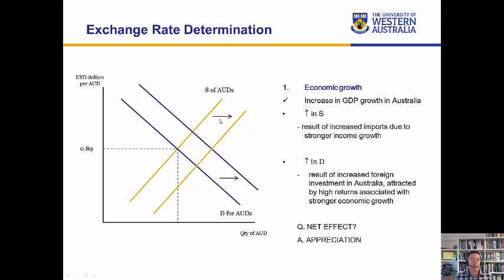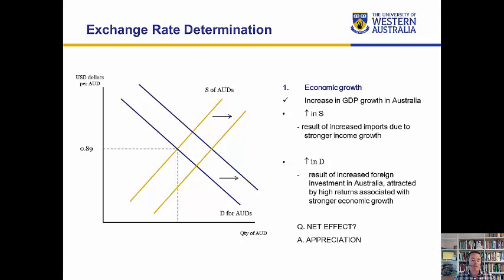Why is there an increase in supply? Well, with stronger GDP growth, chances are there's going to be very strong income growth, and as Australians have more income because of the stronger GDP growth, they will purchase more imports, and as Australians purchase more imports, it increases the supply of the Australian dollar.